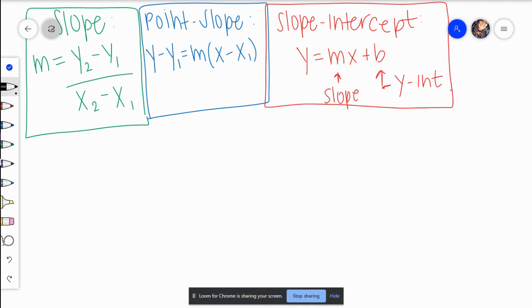Okay, so let's do this example. Say it was to tell you to write in point slope form, it will need to give you a slope and a point. If it doesn't give you a slope, we're going to do an example like that in a minute and you'll get to see what you need to do. But if it does give you a slope and a point, it'll be similar to this problem where it says write in point slope form.